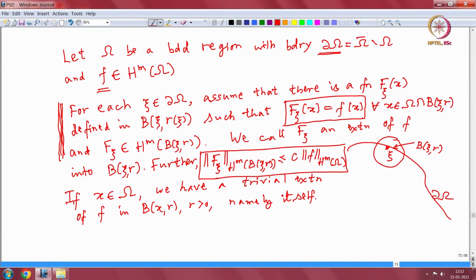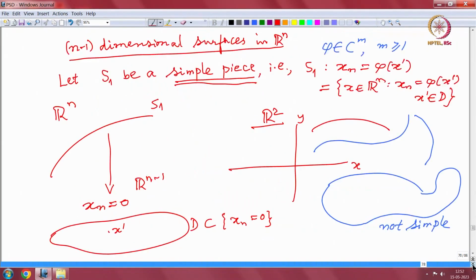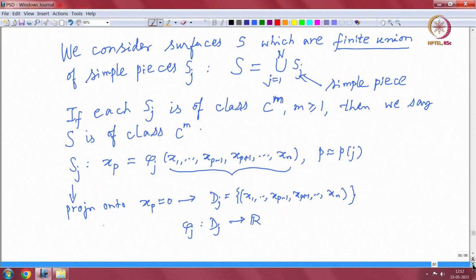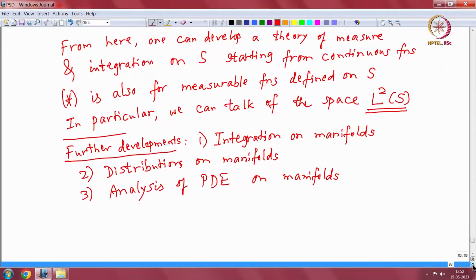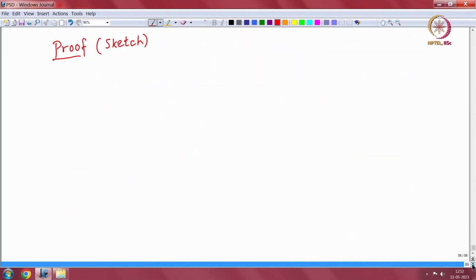Okay. So now we just have to verify that this hypothesis is satisfied from the condition we have imposed on the boundary. So that is the theorem I am referring to.